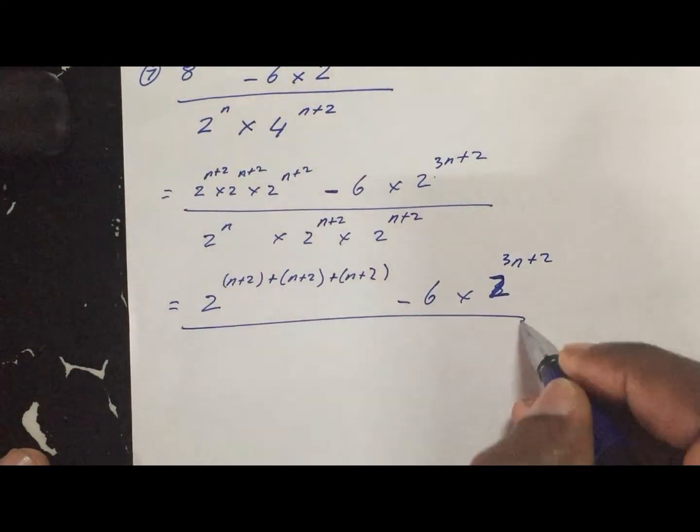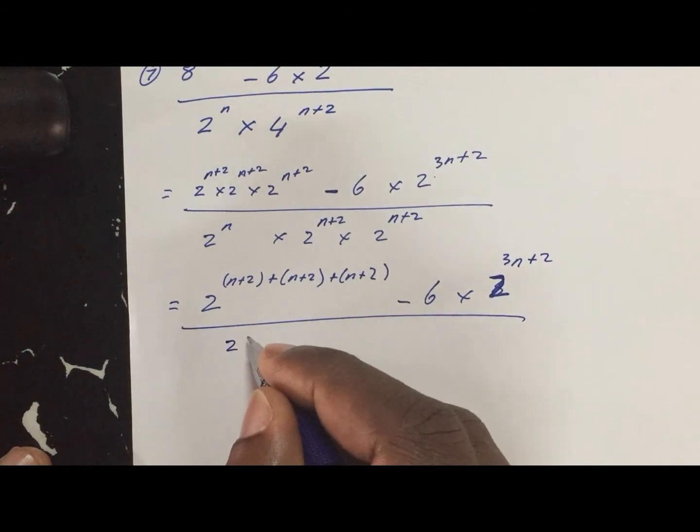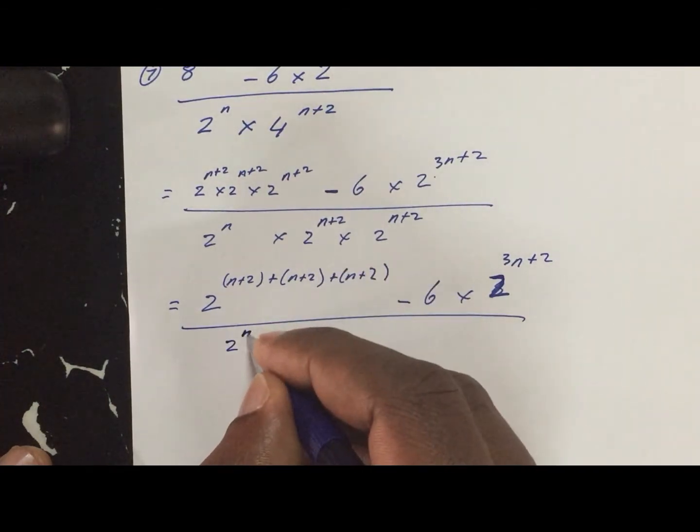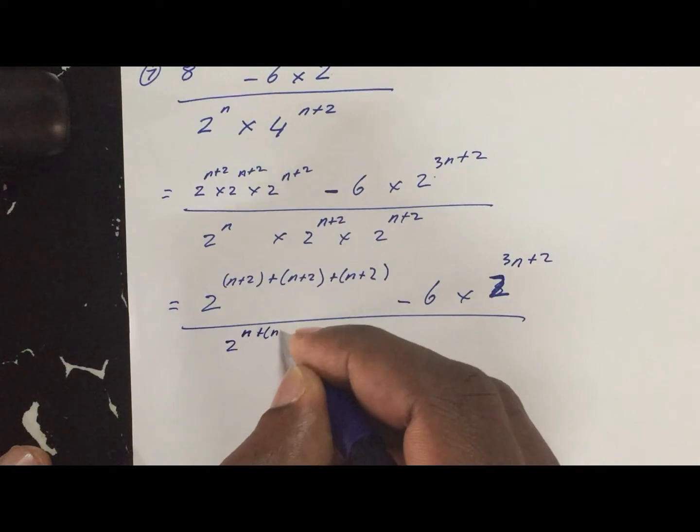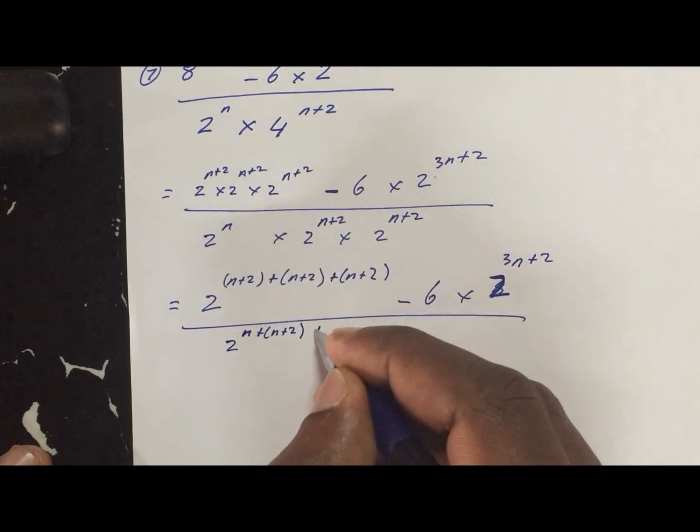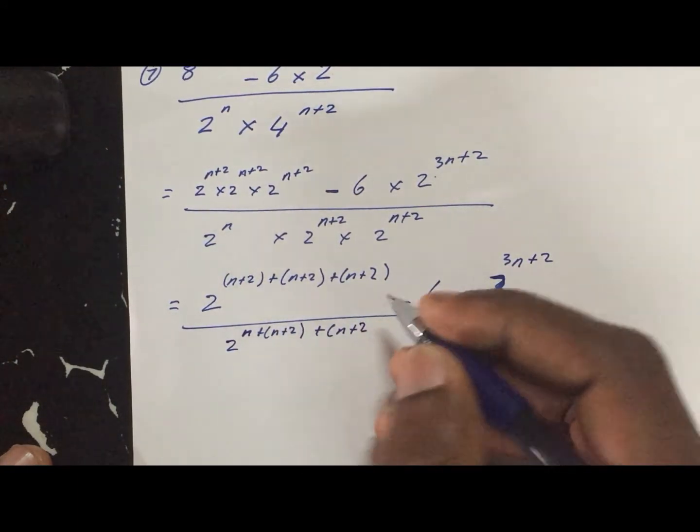Alright, divided by 2, n plus 2 plus n plus 2.